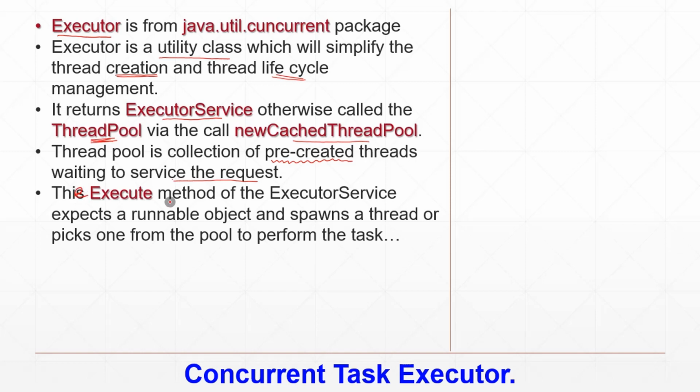The execute method of the executor service expects a runnable object. Why? Because it wants to execute stuff in a threaded way, right? So the execute method of the executor service or ThreadPool expects a runnable object and spawns a thread or picks one from the pool to perform the task.